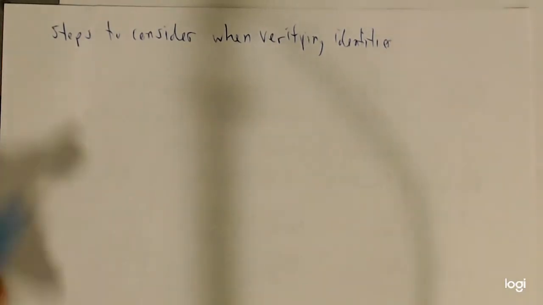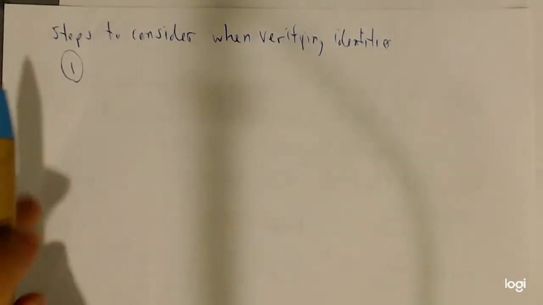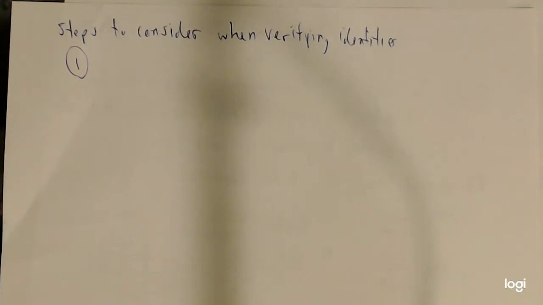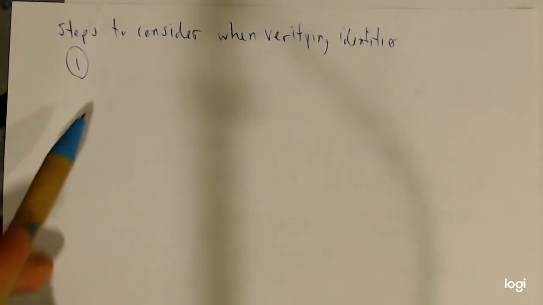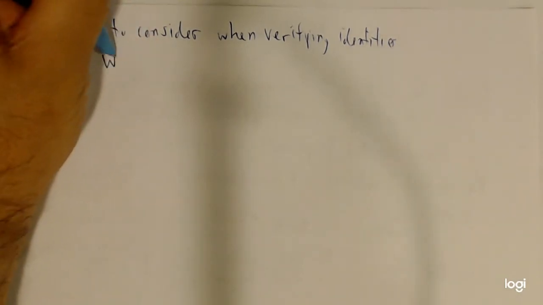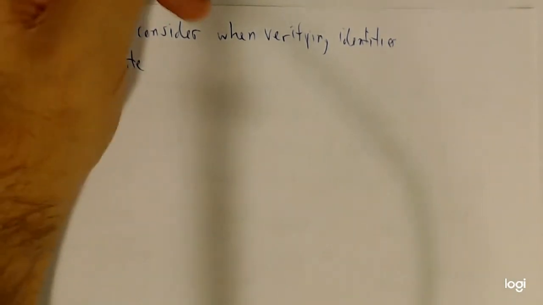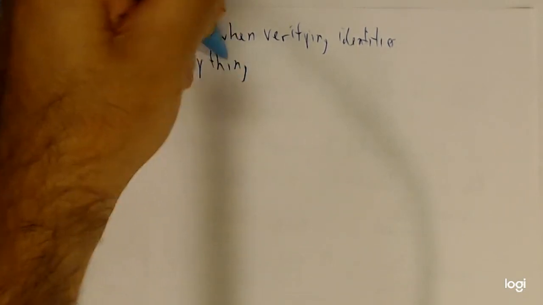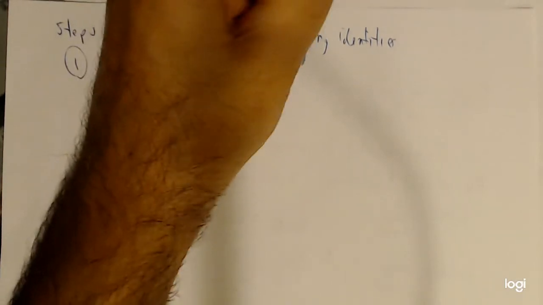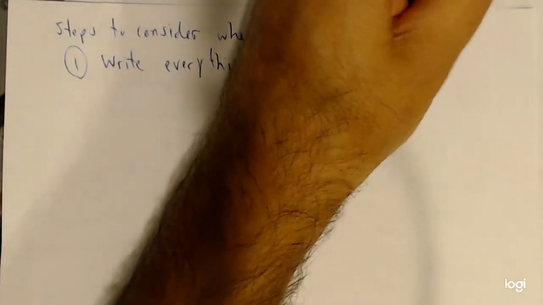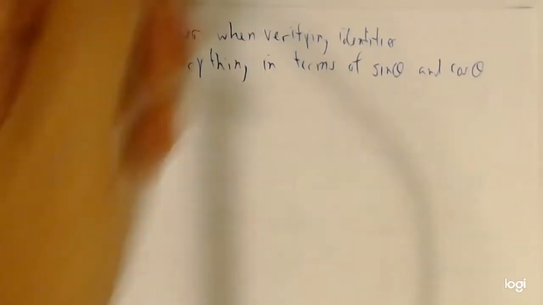I just write them in any order, but usually the first step is my go-to, because these proofs sometimes won't be very straightforward or obvious. So one thing you could do is write everything in terms of sine theta and cosine theta. Okay, so that's one way.